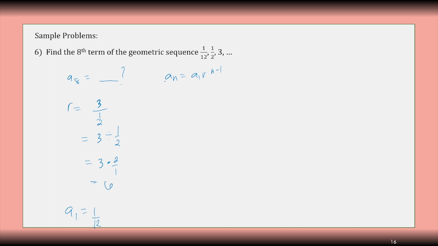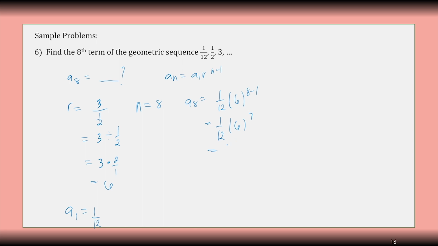So, hinahanap natin is pang 8 term. So, n pala natin is 8. So, we have a sub 8 is equals to a sub 1 is 1 over 12 times ang r natin is 6 to the power of n, which is 8 minus 1. So, 1 over 12 times 6. Then, 8 minus 1 is 7.